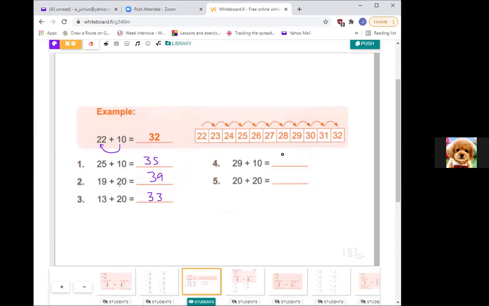Okay, 29 plus 10 is 39. Perfect. Very nicely done. And Evan, can you do number 5? Okay. Number 5, 20 plus 20 equals 40. Very nice. Thank you. Well done.